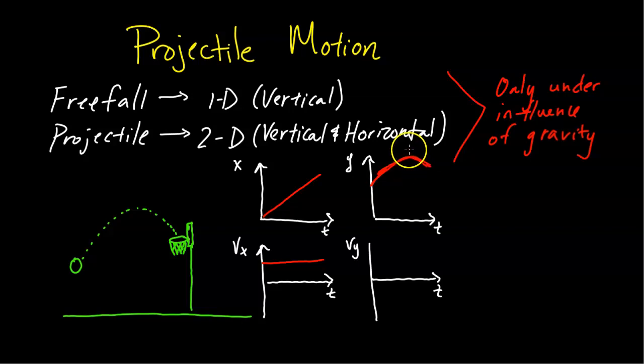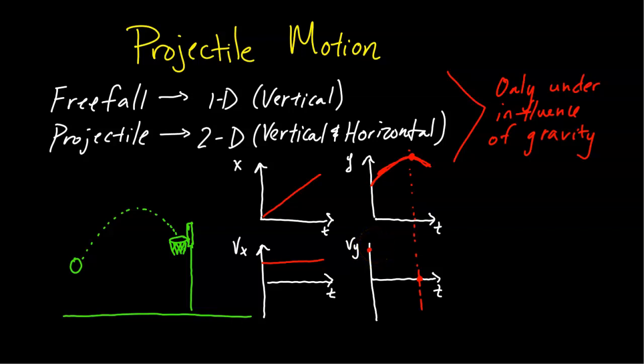Now for the velocity graph, I'm going to dot this down here. This is where the peak is. Up here is where the peak is. So at the highest point, there's no vertical velocity, and so that's going to be on this x-axis here. Initially, it has a positive velocity.